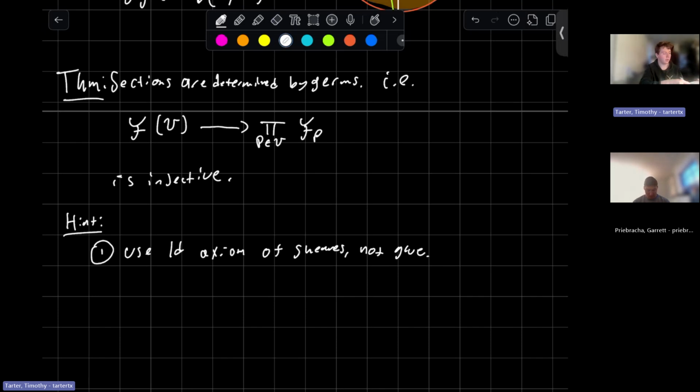So now, I'm pretty sure I remember the identity axiom, but let me just write it down from the definition so we don't waste time.